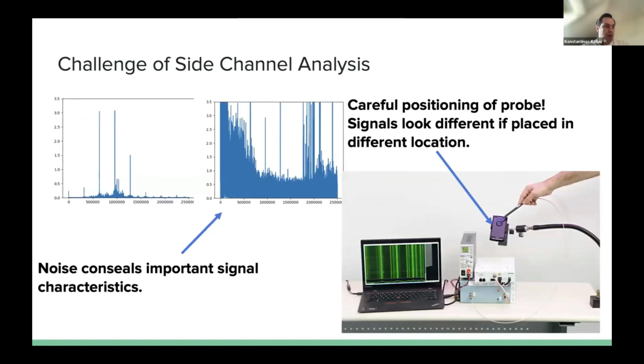Now, there are many challenges associated with side channel analysis. In the past, we have talked about a very important challenge, and that is the negative impact of environmental noise. Another challenge that is, I would say, greatly neglected from research and industry, is the process of capturing signals itself.